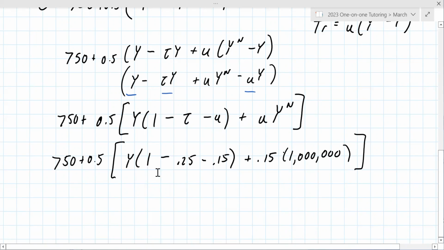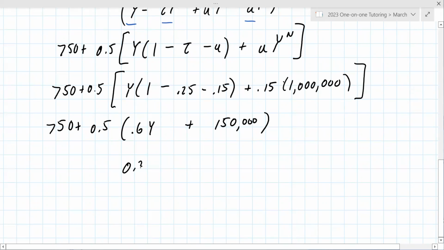Okay, so this part inside here is 0.6Y, and you're multiplying that by 0.5, so it's 0.6Y plus 150,000. You're multiplying by 0.5 and you're adding 750 to it. So you're just cutting the numbers in half. So 0.3Y plus 75,000, and then you're adding 750 to it.